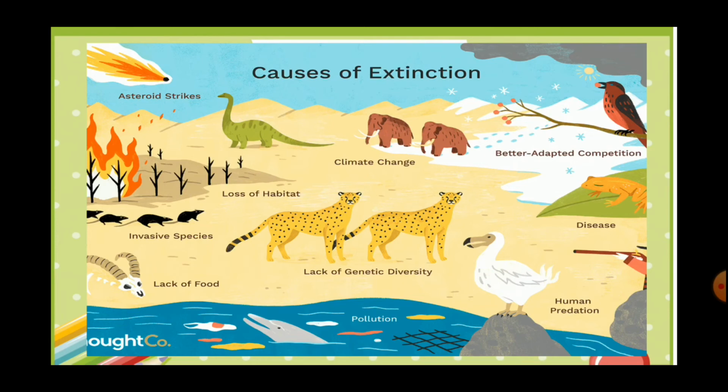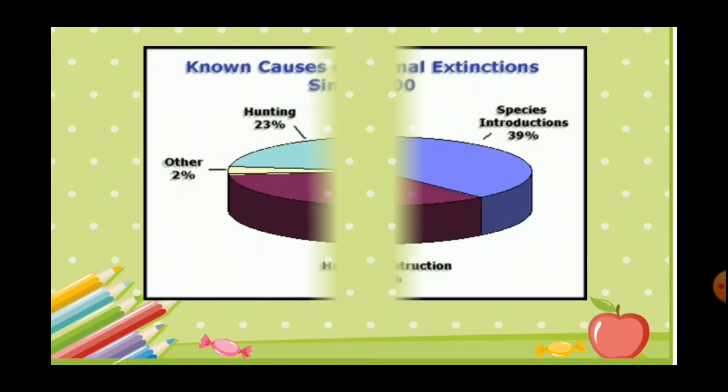Similarly, loss of habitat, invasive species, lack of food, climate change, better adapted competition, diseases, human predation, and lack of genetic diversity. So these are the different causes of the extinction of species.